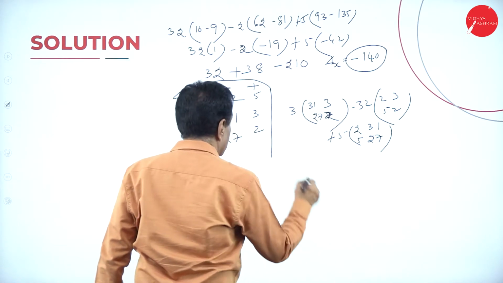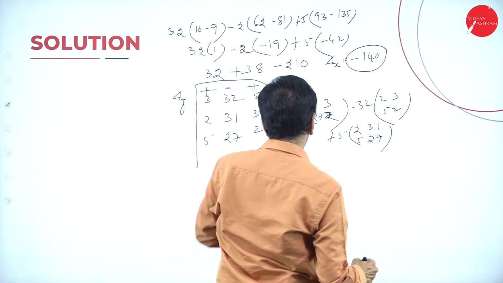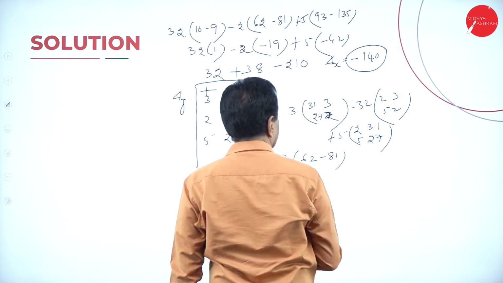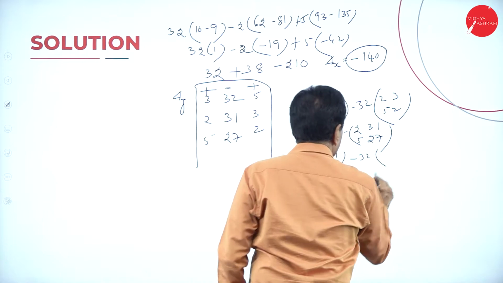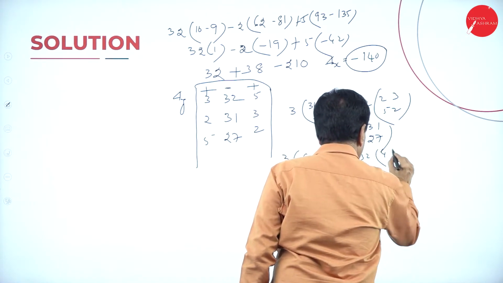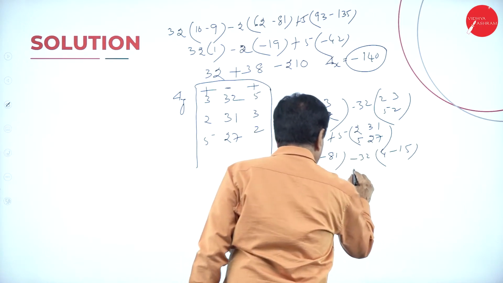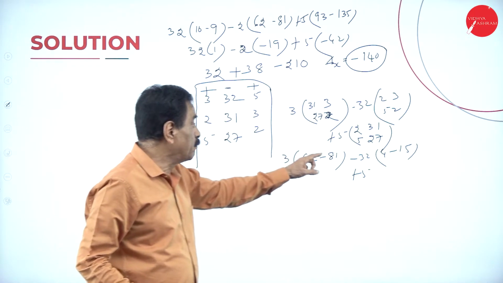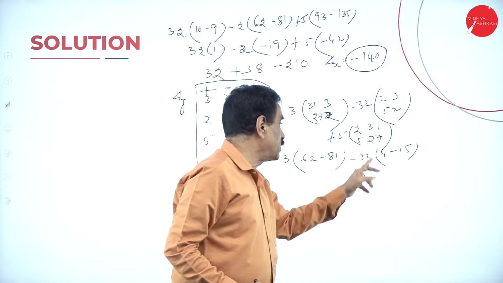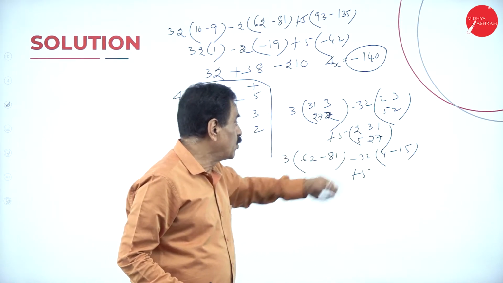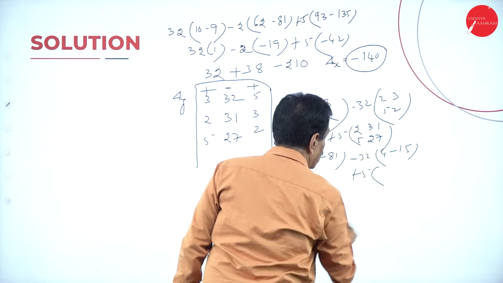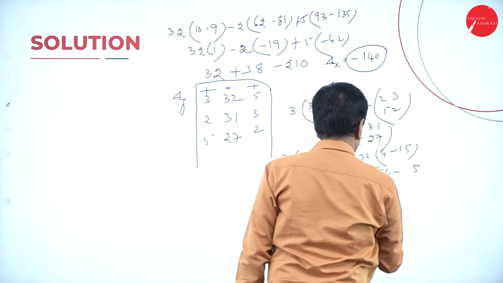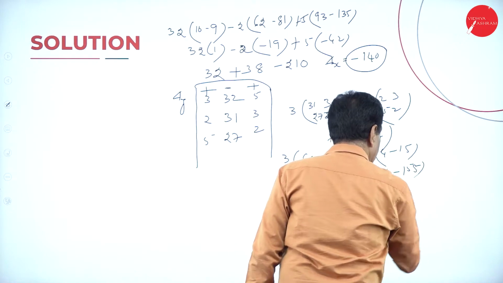Simplify this. 3, 31 into 2, 62, minus 81, minus 32, 2 2s are 4, minus 15, plus 5, 5 27s into 2, 54, minus 155.